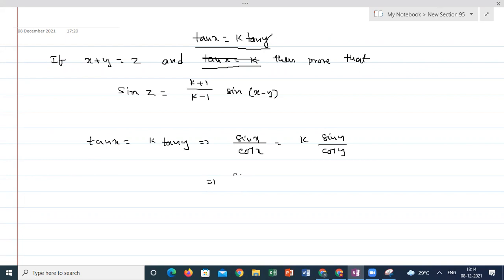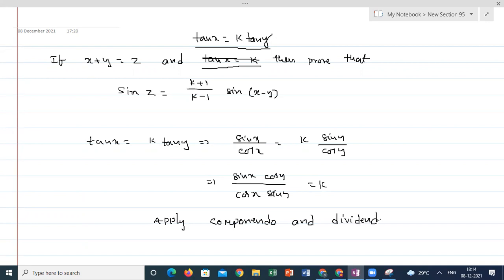When cross multiplying, I will get sin x cos y divided by cos x sin y is equal to k. Applying componendo and dividendo.